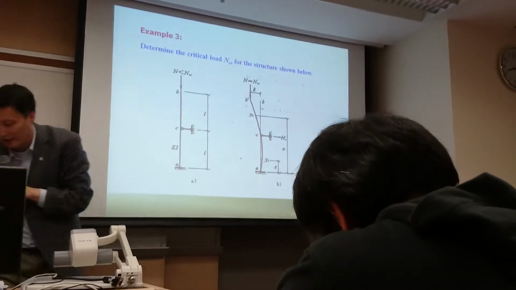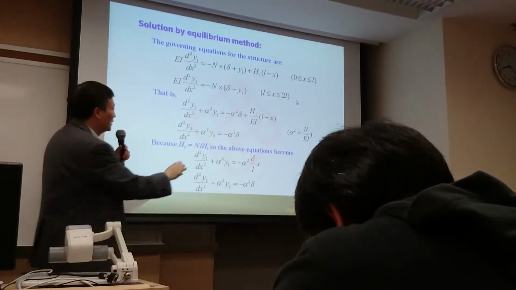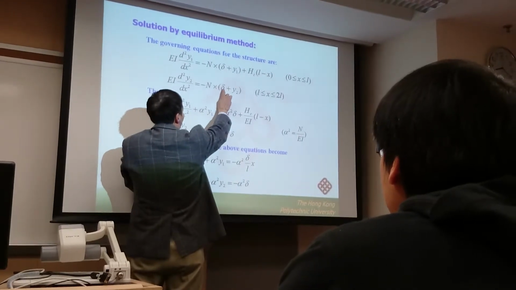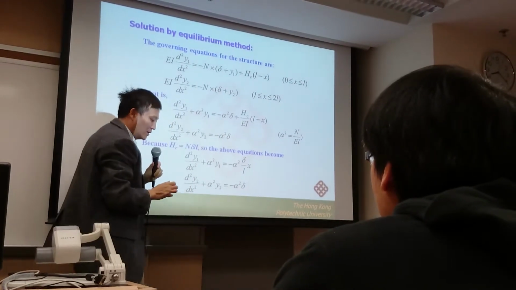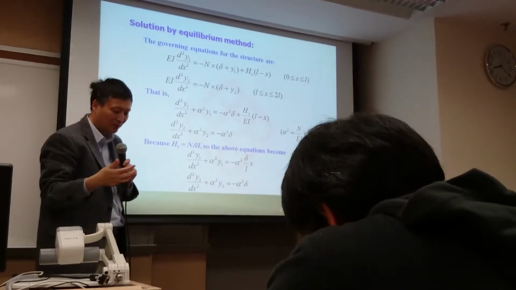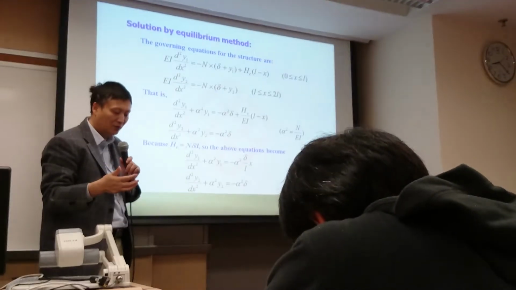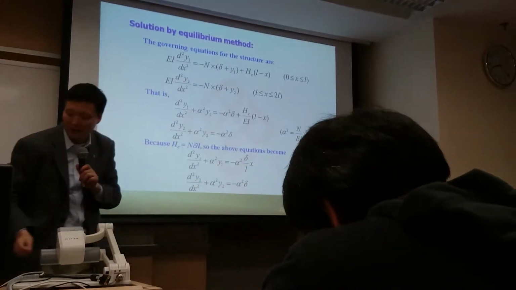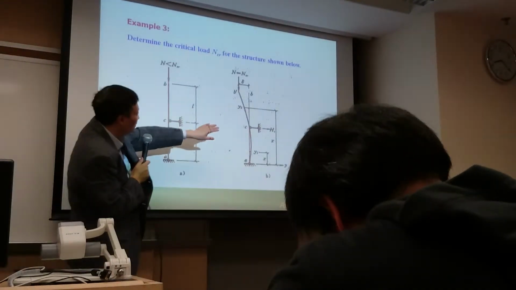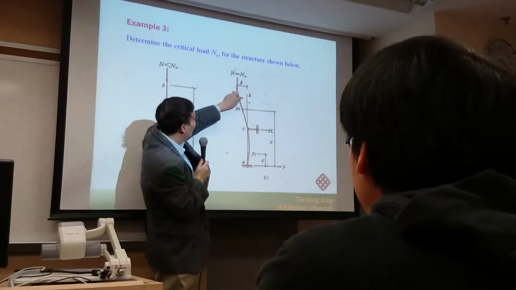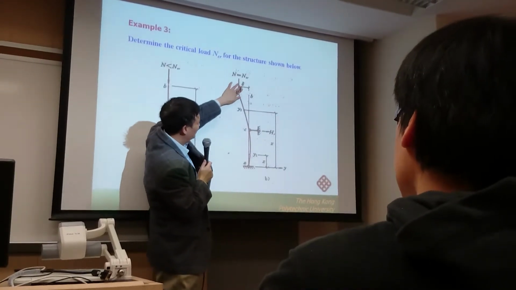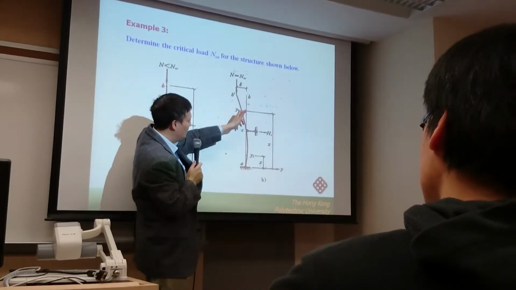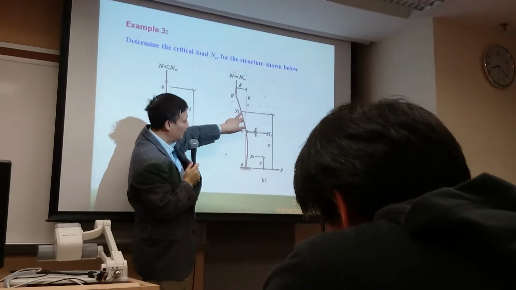But why do I still use plus? We still use delta plus y2, because for the second segment, y2 automatically becomes a negative value. y2 is the ordinate for the second segment, and it is negative. Delta is always positive, so delta plus y2 is the same as a positive value minus a value.